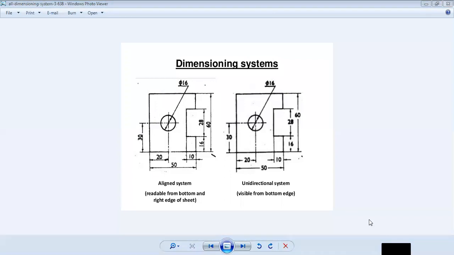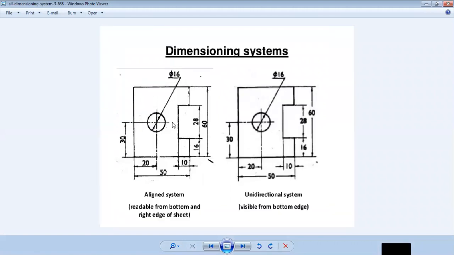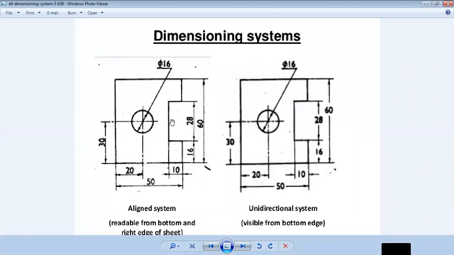Yes, sir. So this is one object. First of all, take a snapshot of this. You need to prepare this object of this much dimension.